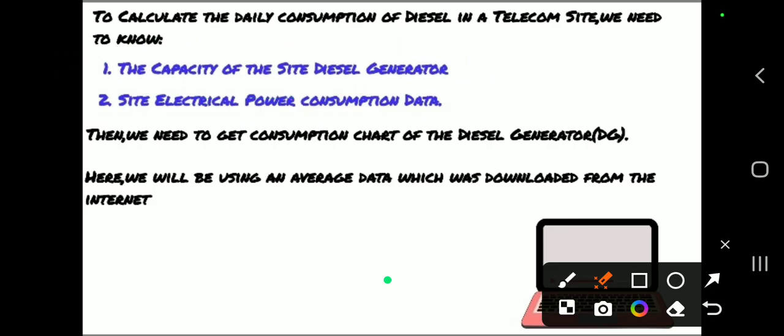We also need the site's electrical power consumption data, which is the site load of this equipment. And we need the consumption chart of the diesel generator, mainly for ACDG. Here we will be using an average data downloaded from the internet for this calculation.